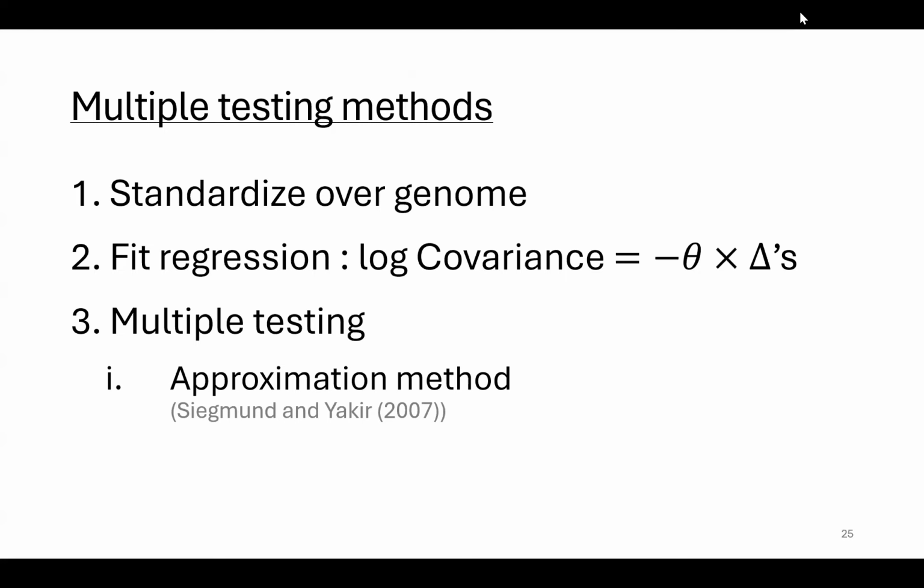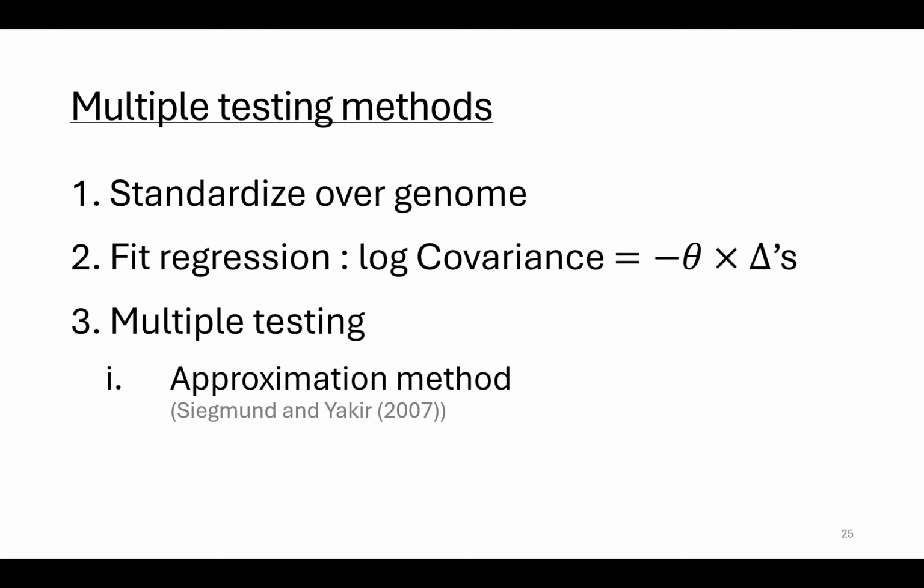We'll calculate the covariances between these IBD rates autoregressively across the genome, and then we'll take the log of those covariances, setting it equal to negative theta times the scaled deltas, our spacing parameters. And the theta here is the regression coefficient that we're going to learn with simple linear regression software.